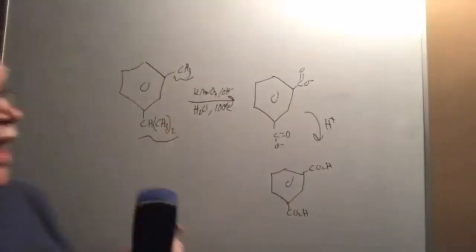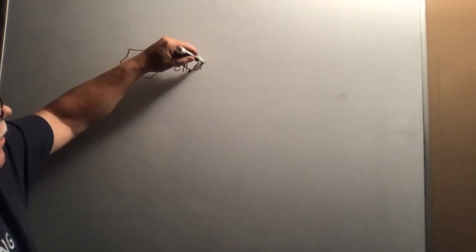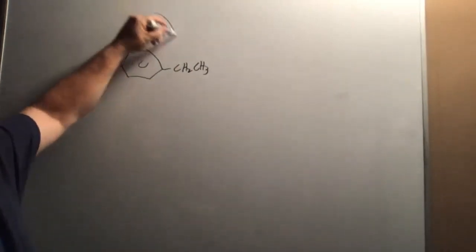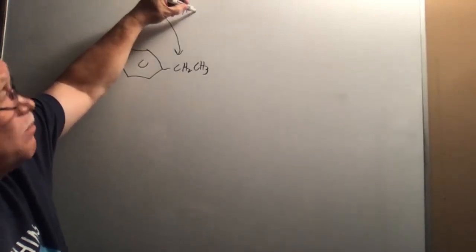Now, that's a way of turning an R group into a carboxylic acid. We're going to look at 4 more reactions. If we have an R group attached to the aromatic ring, this position here is called the benzylic position. Remember, we talked about that before.